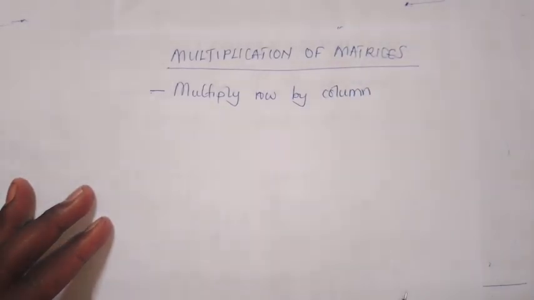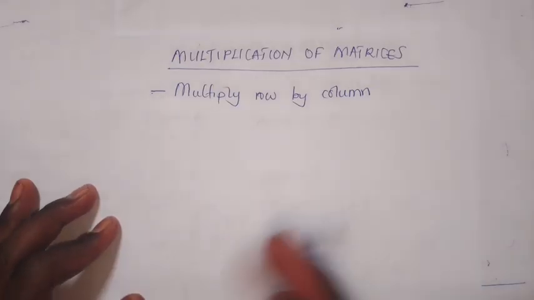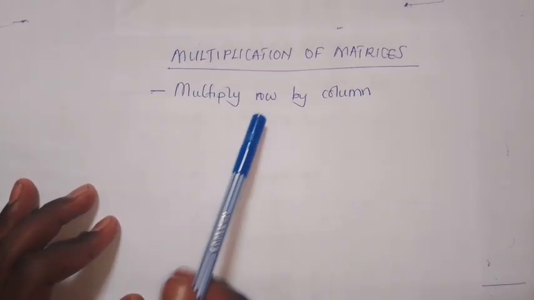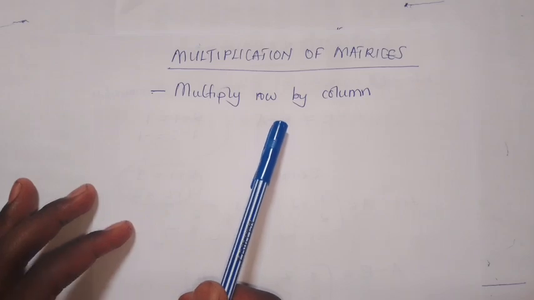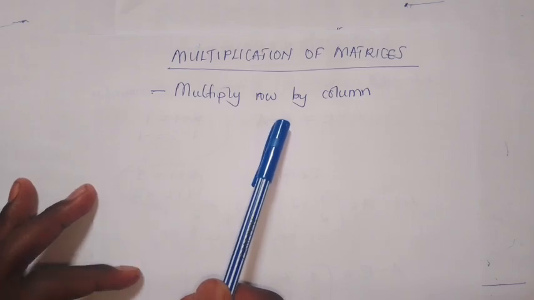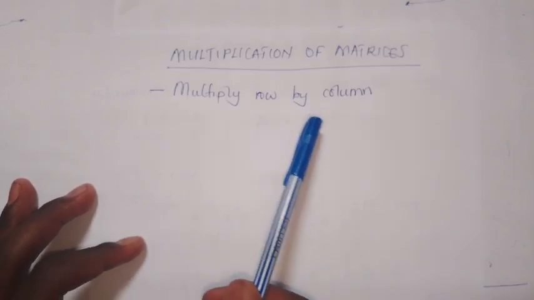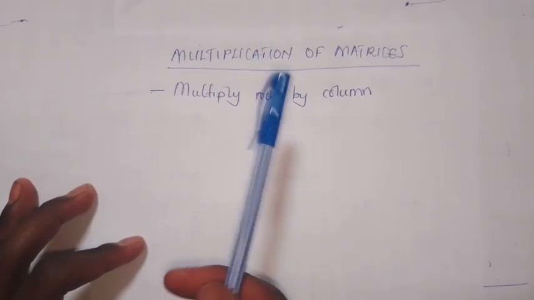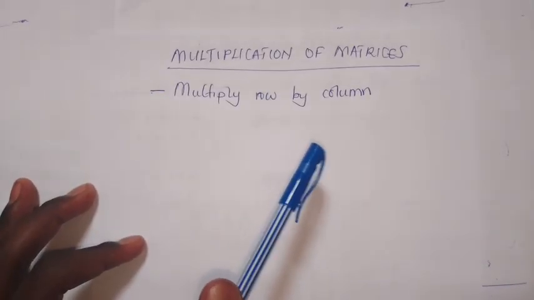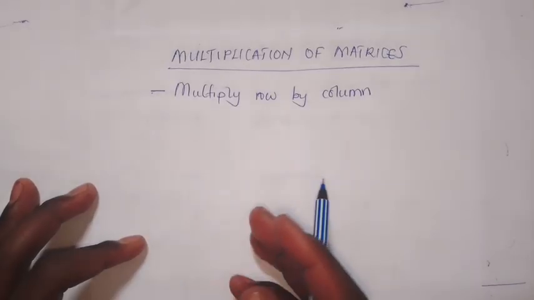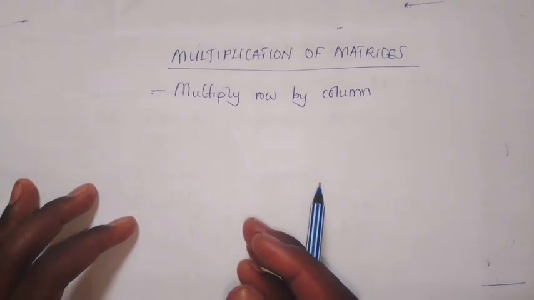This one usually comes up because there is a trick, but we are going to figure that out so that even if it comes this year, you will answer it. In fact, there is nothing like a trick here. It's very simple.